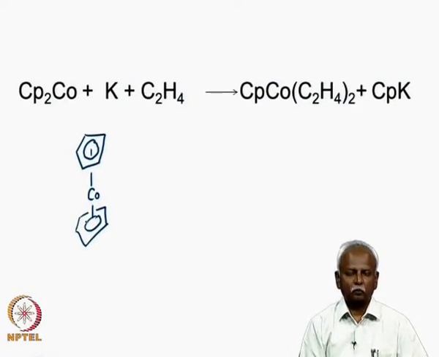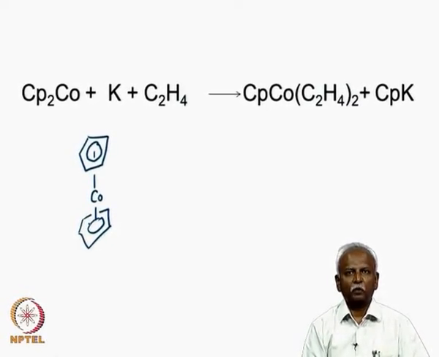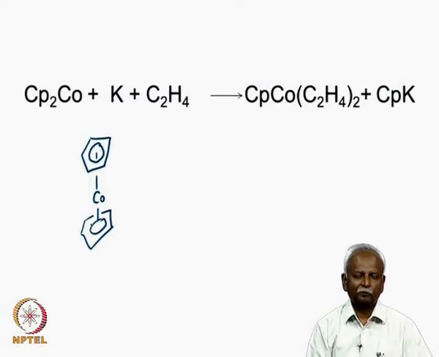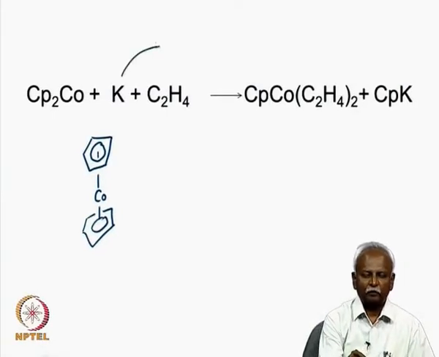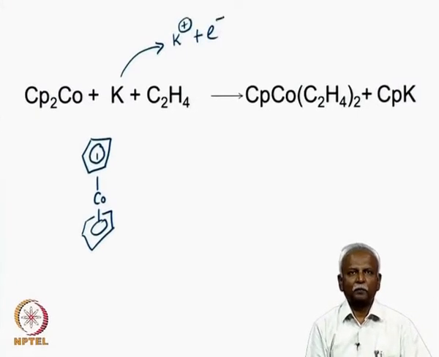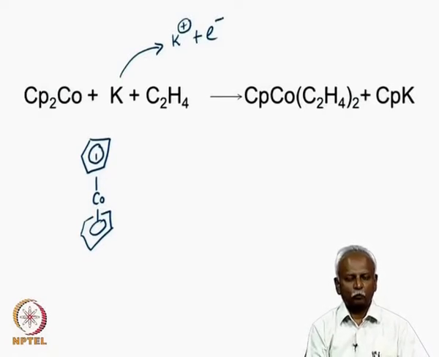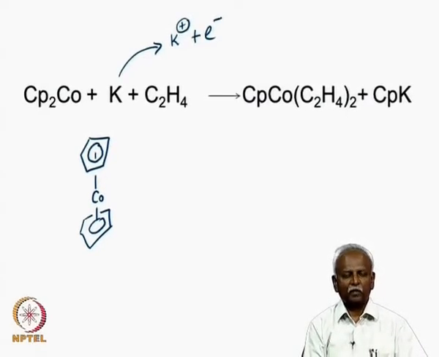Since cobalt has 9 electrons, it has 1 electron more, and if you pump in 1 more electron using, say, potassium, the reducing agent which will become K plus, this 1 electron will add on to the cobalt, and if it becomes cobalt minus 1, this turns out to be a 20 electron complex and it is quite unstable.